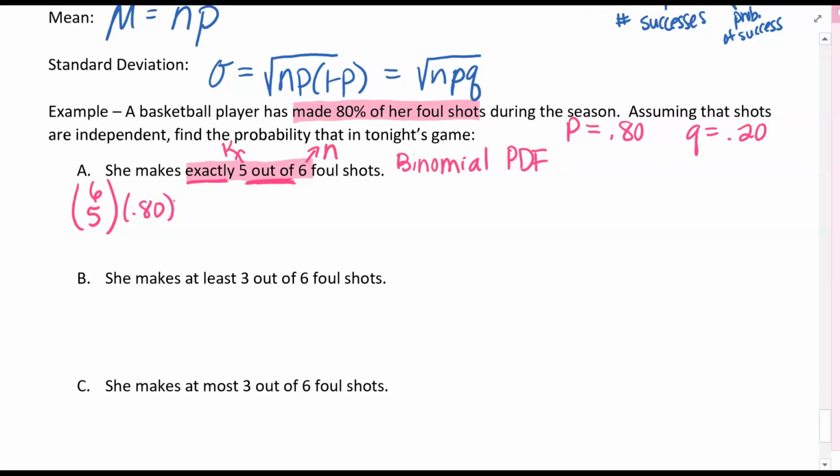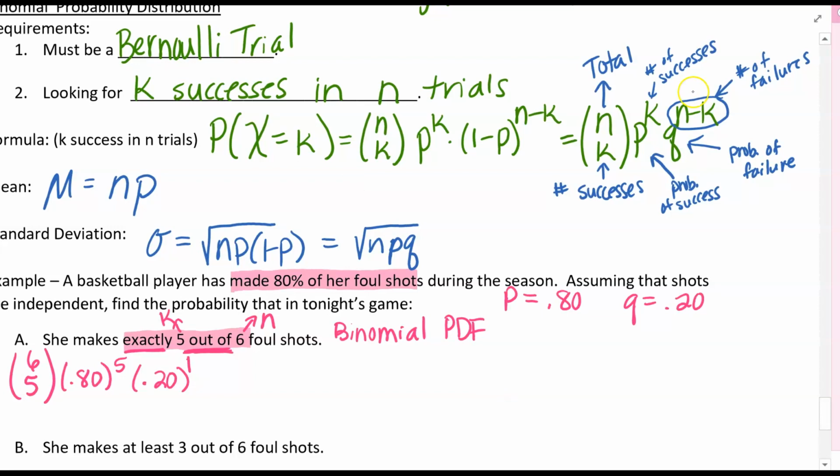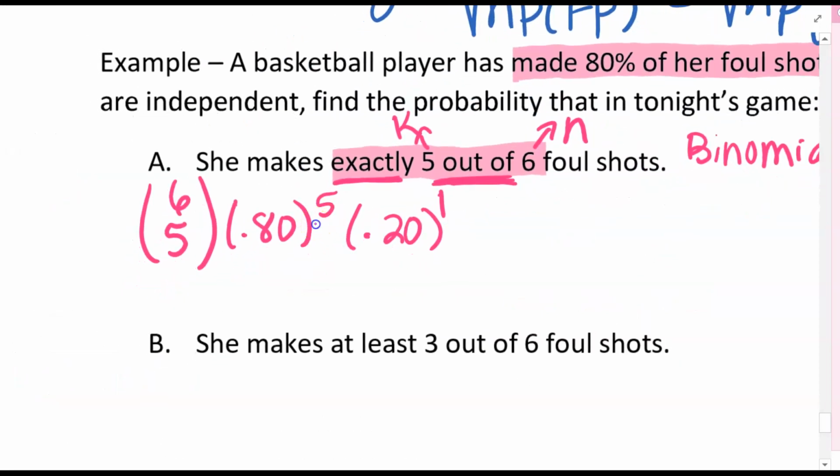How many successes did she have? 5, times the probability of failure, which is 0.20 raised to how many failures? 1. That's something I forgot to say over here: the two exponents have to add up to N. So the 5 and the 1 have to add up to N, 6. I don't want to put the line there because it's not a fraction, but just know that they add up to N.